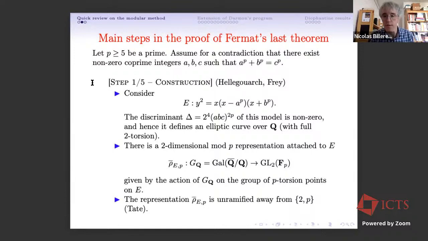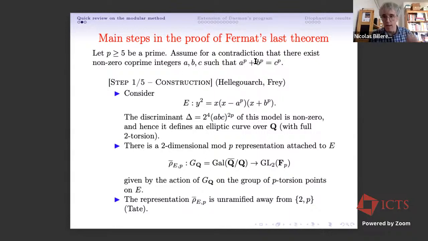You can already notice from the equation itself that it has full 2-torsion over Q, because the right-hand side is completely split, factors into linear factors. Now since we have an elliptic curve, we can look at the group of p-torsion points on this elliptic curve, for p being the exponent of the equation I'm considering. As we all know, this is a 2-dimensional F_p vector space.